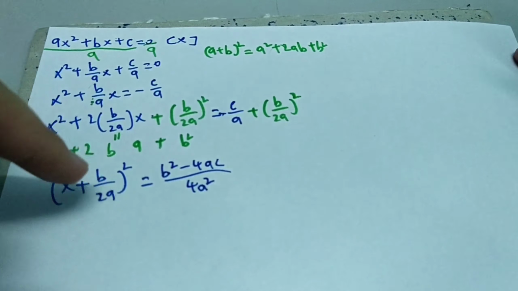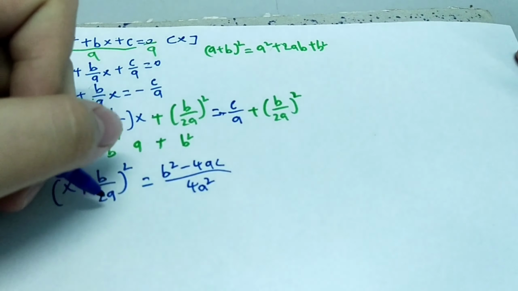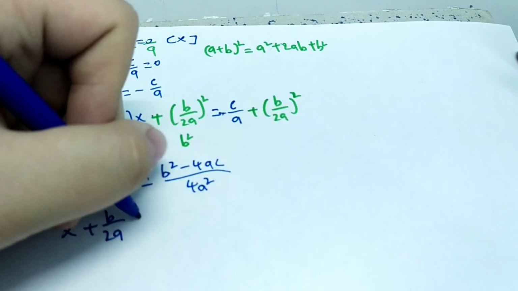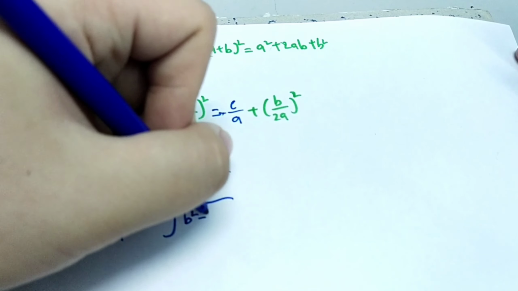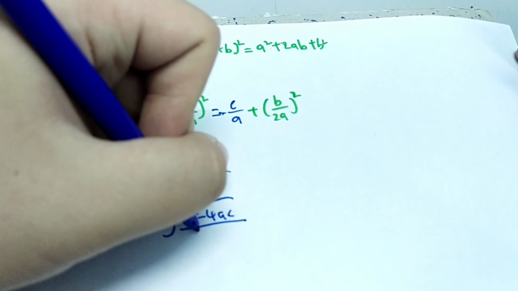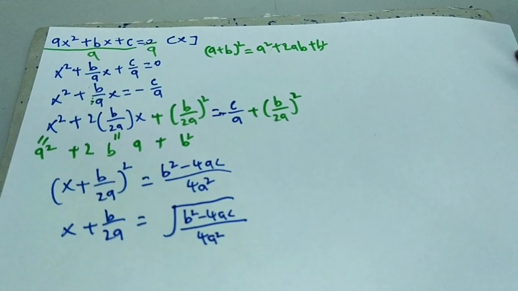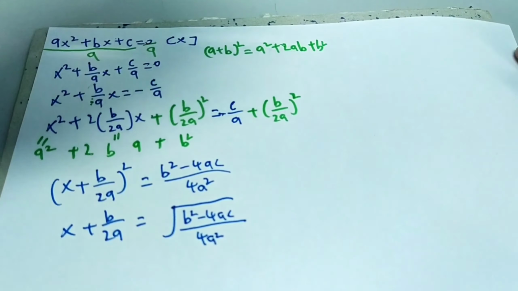And then what I'm going to do is, the square, we are going to square root it. So x plus b over 2a is equal to the square root of b squared minus 4ac over 4a squared. And now here's the important thing. Let's say you want to square a constant 6.